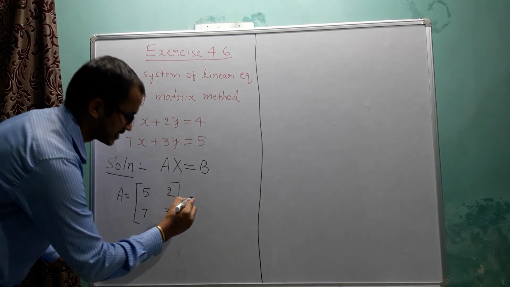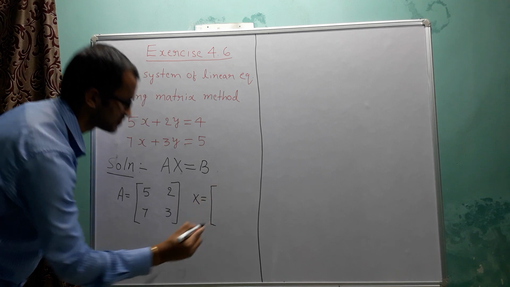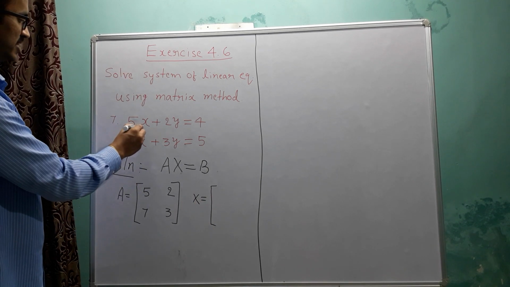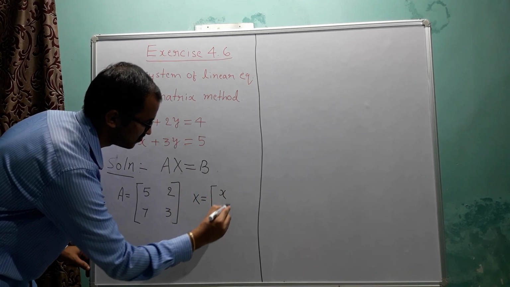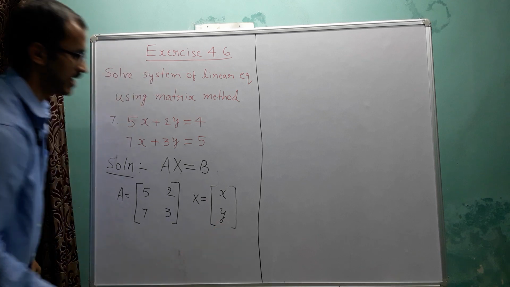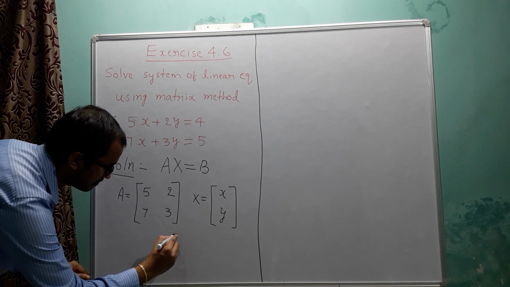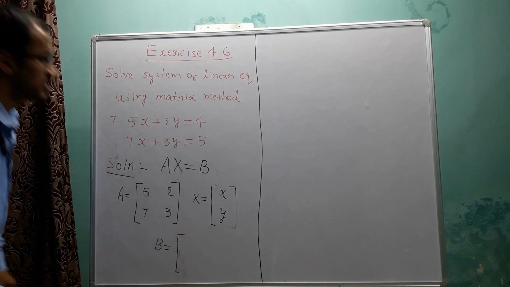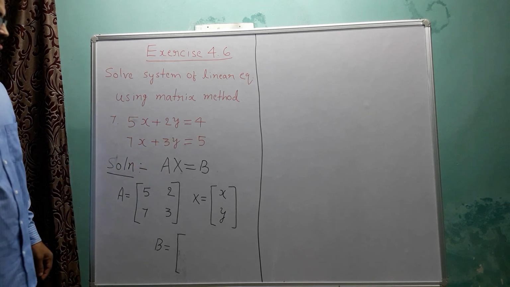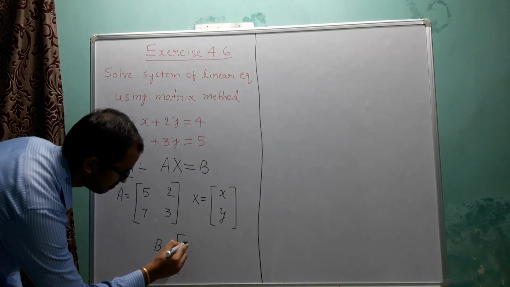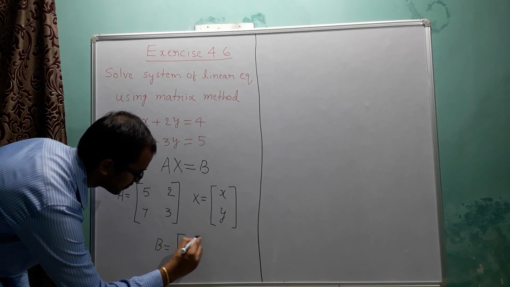And X is the matrix containing the variables. Here we have used the variables x and y, so X = x, y. And B is the matrix containing the constants in the RHS of the equation, that is, the matrix containing elements 4 and 5.